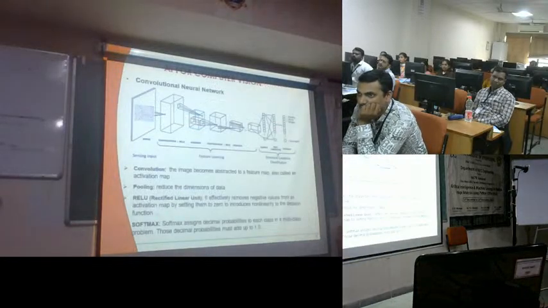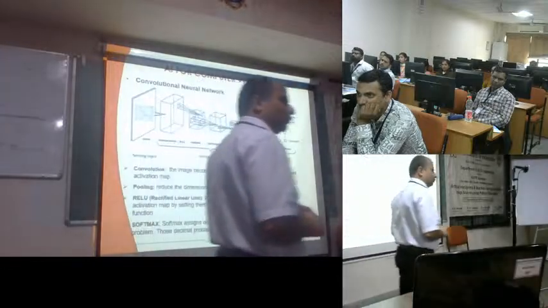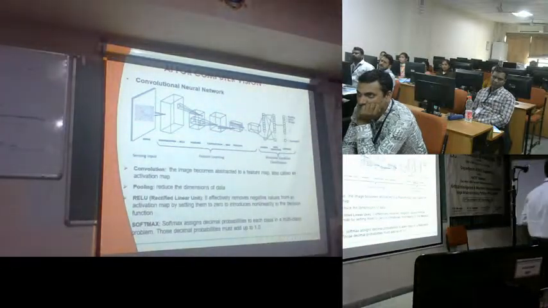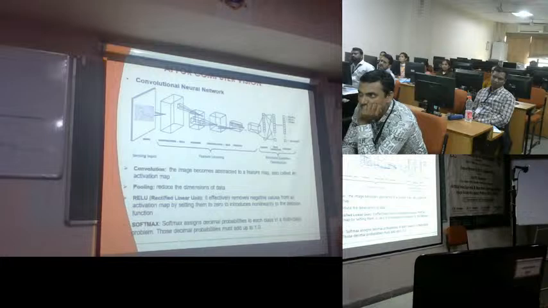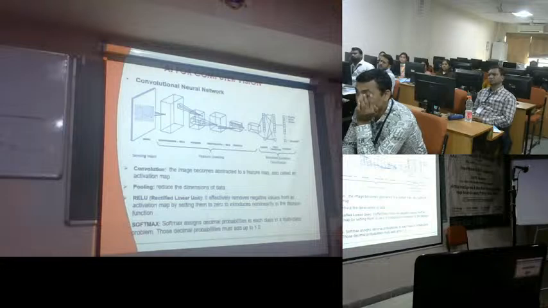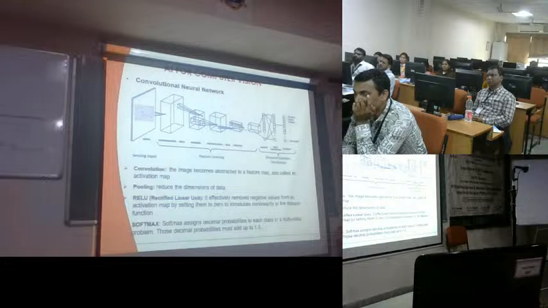Okay, so there is a concept of the convolutional neural network, and that is very important for image processing, because generally images are very large in size, very voluminous. Every image is a matrix which contains rows and columns, and each element represents a pixel and its intensity.